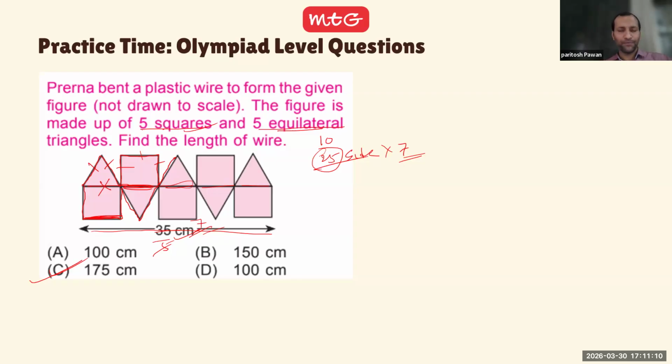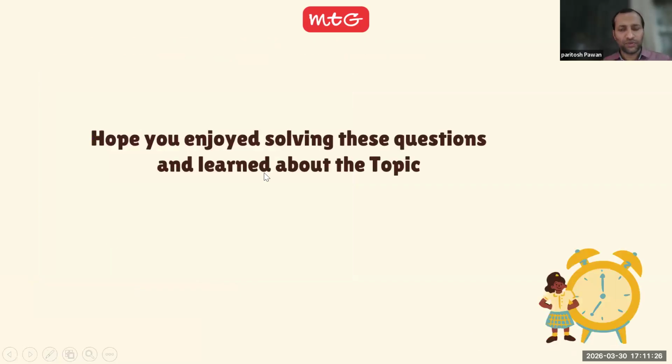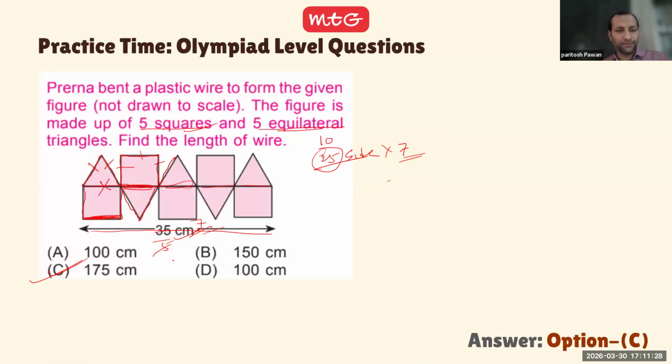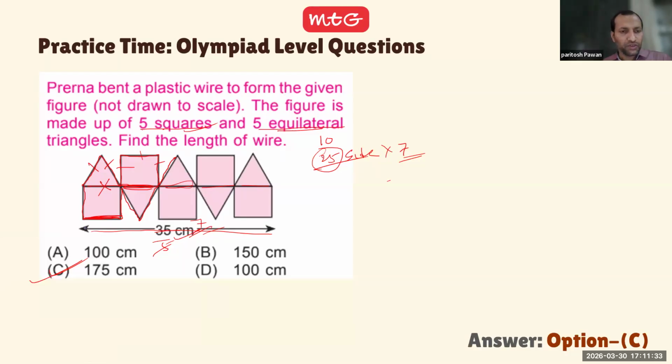Yes, Sweta, tell me. Sir, I have a doubt. Yeah, tell me. Sir, can you explain how we got each side is 7? Okay, because here you see, let me change the color. Here this total length is 35, given.